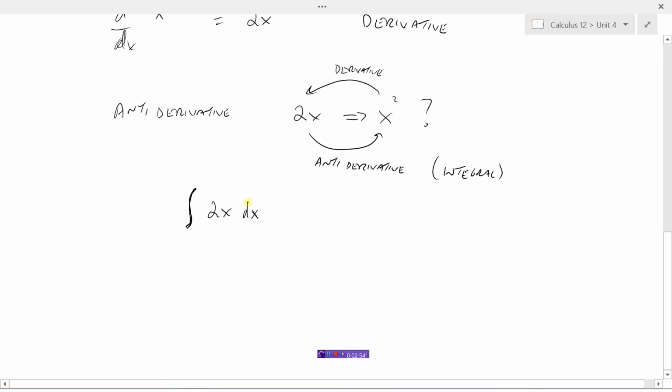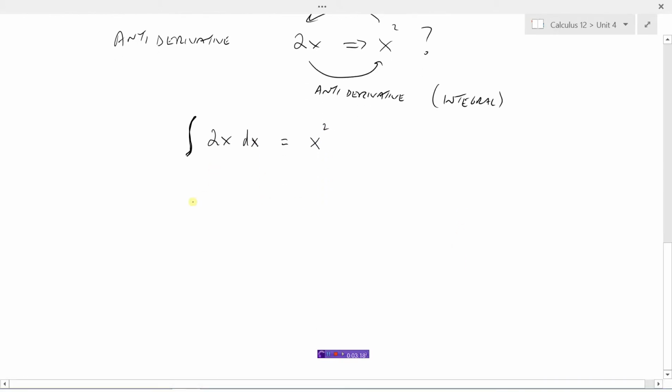The integral of 2x dx equals, and what we're asked to find here is what is the function such that when you take the derivative, you would get 2x. And of course, that would be x squared. Why? Because the derivative of x squared is 2x.